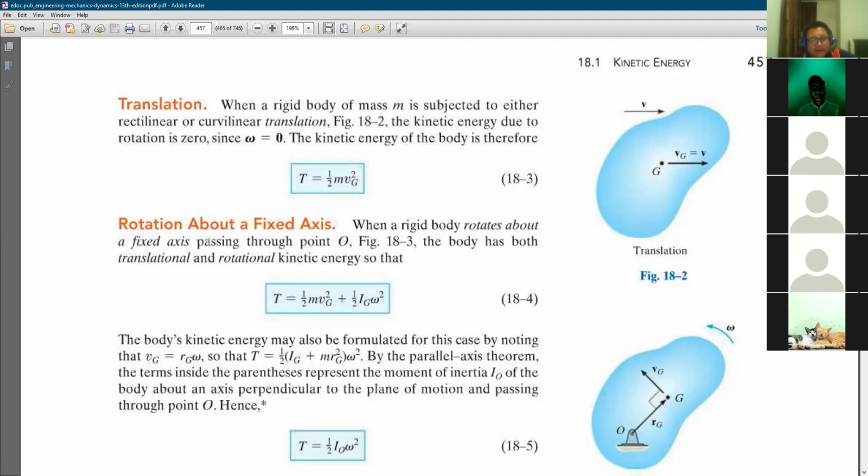The main difference here is that last time we were only focusing on the translation of particles. Now when we are talking about a body, you will also see that the body rotates. It's not just translating but rotating, and therefore you will have this particular term.